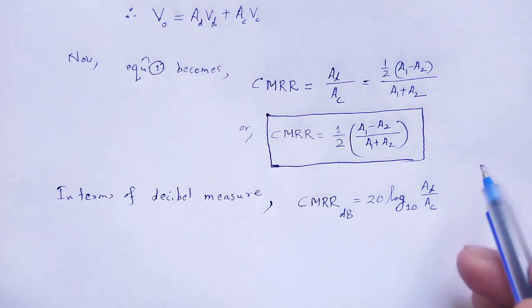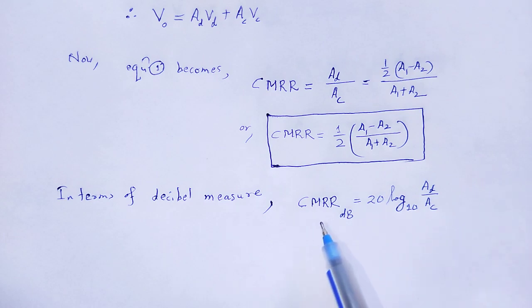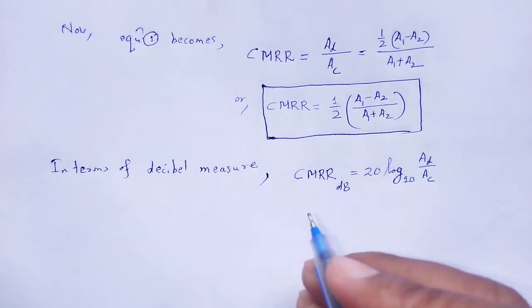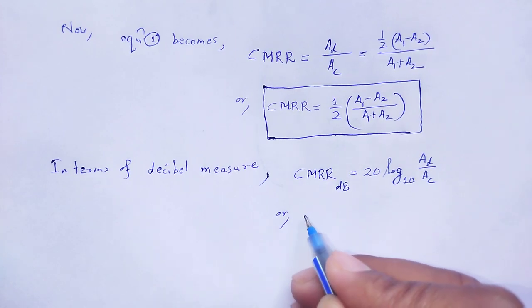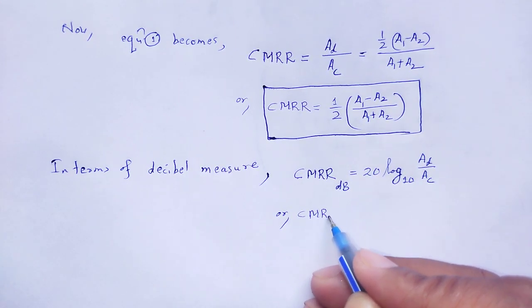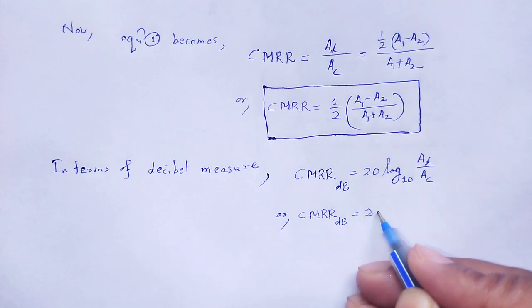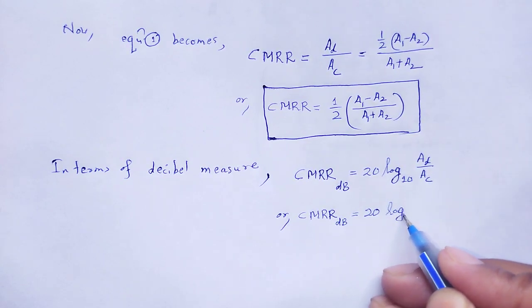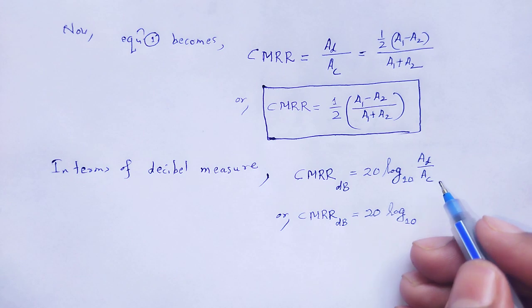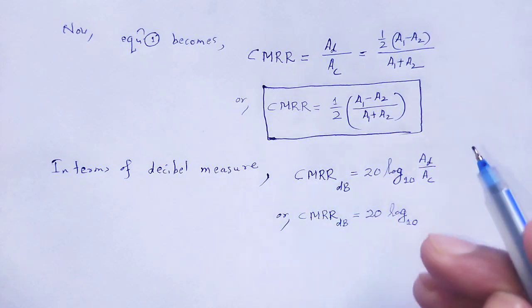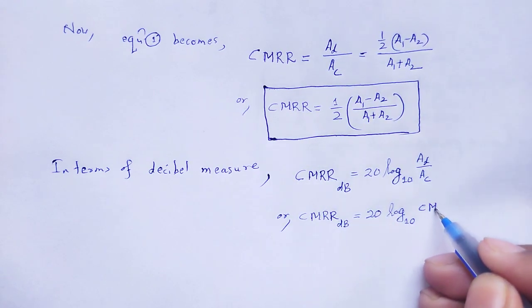That is the definition of the decibel measure of CMRR. Therefore, CMRR in terms of decibel measure is 20 log base 10 of AD divided by AC, which is the general CMRR.